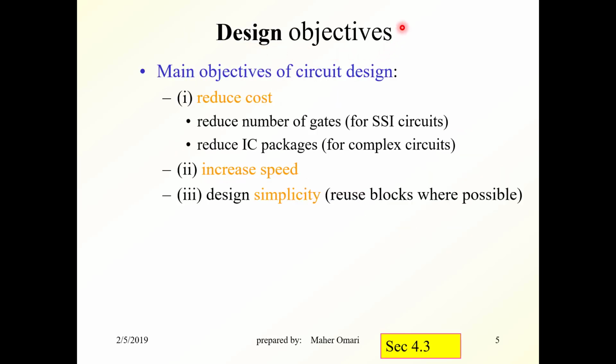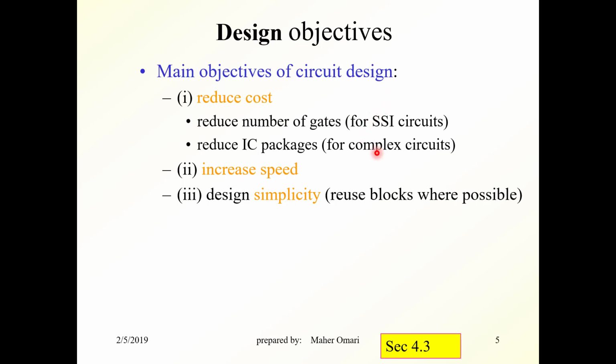Design objectives. When you design a circuit, what should your objectives be? The first objective should be to reduce the cost. In order to reduce the cost, you have to reduce the number of gates used. If you are using SSI circuits, you have to reduce the number of ICs used.